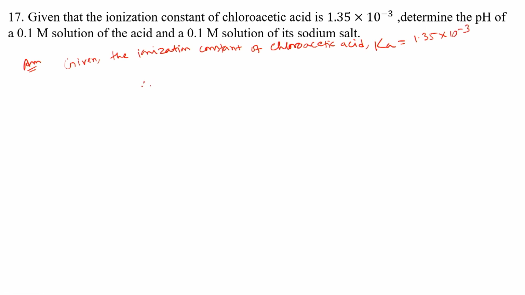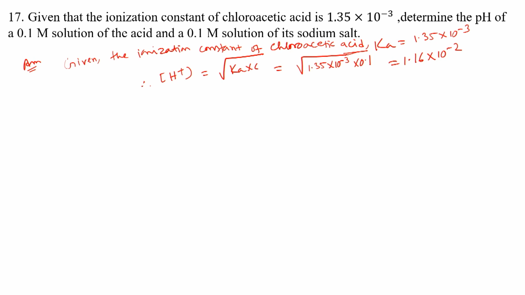Therefore, the concentration of H plus will be root over Ka times C. So we get root over 1.35 times 10 to the minus 3 times 0.1, which is 1.16 times 10 to the minus 2.